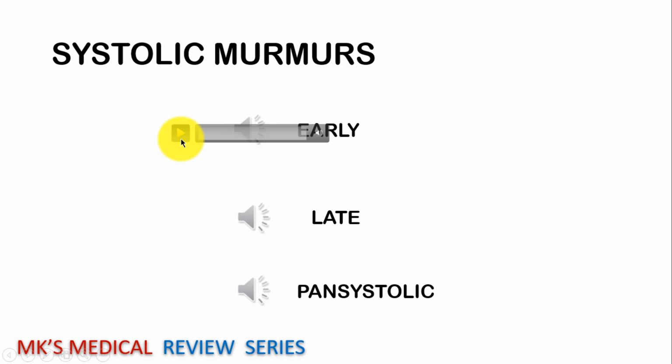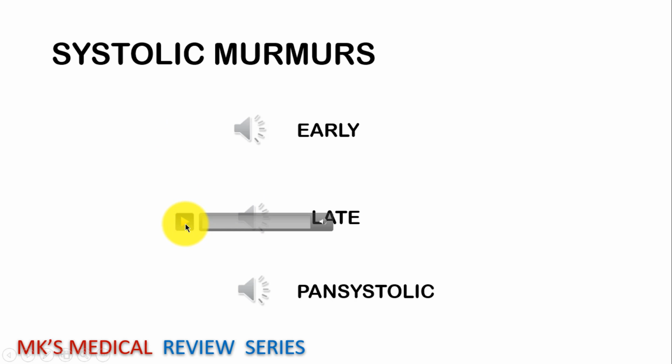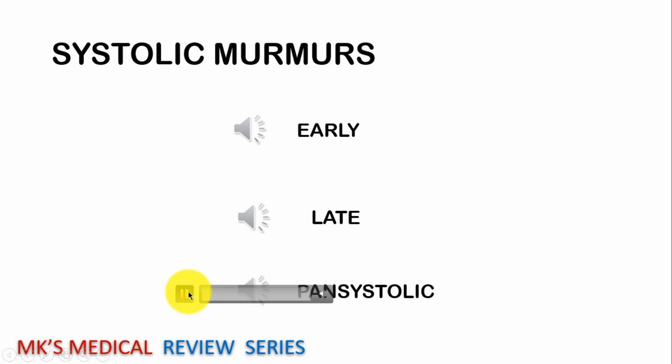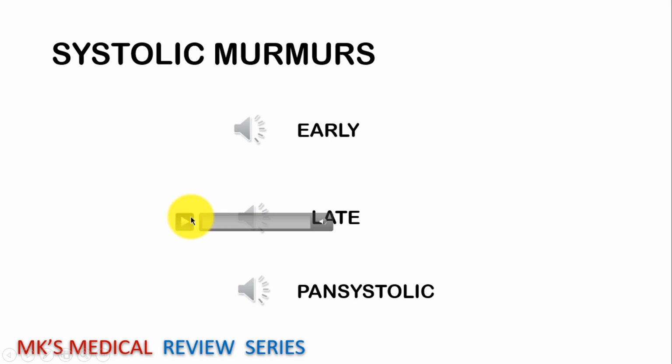Note the difference between an early systolic and a late systolic. And this is now a pansystolic. You notice how there is no silence between S1 and S2. Here you can hear some silence.